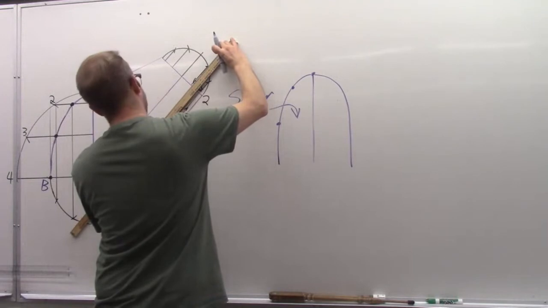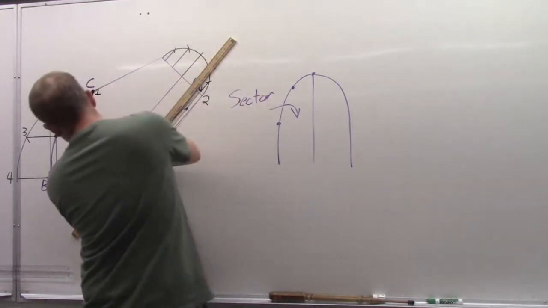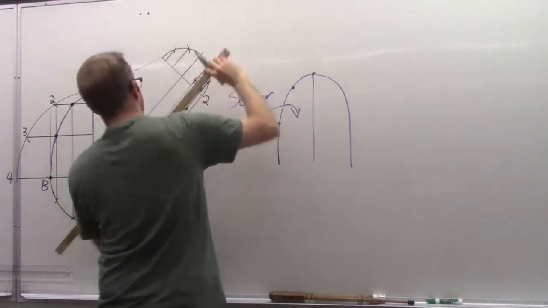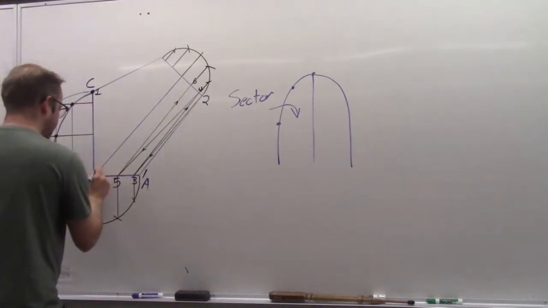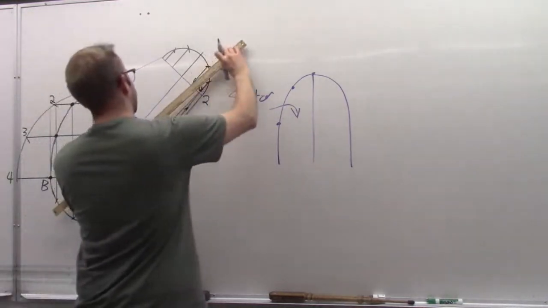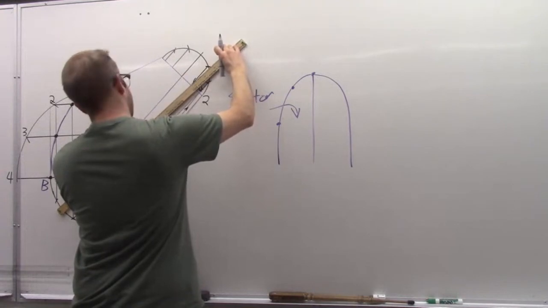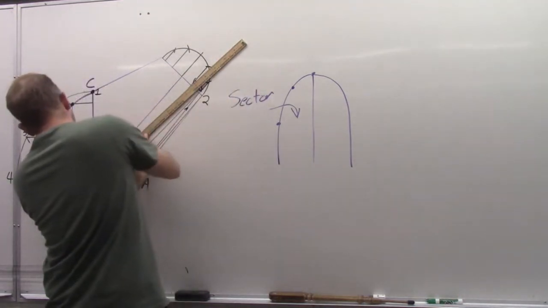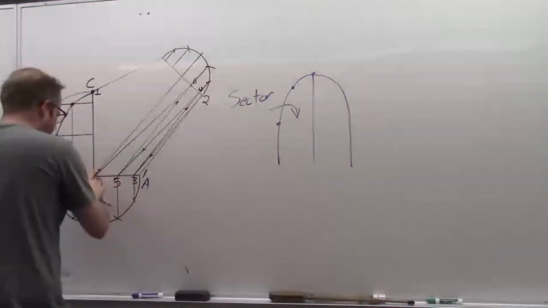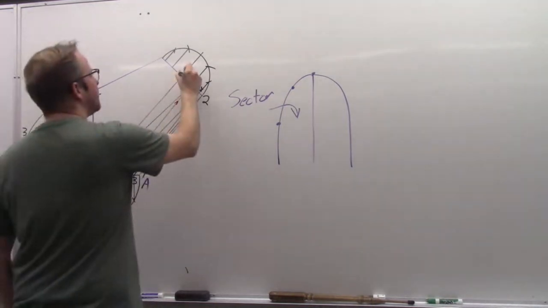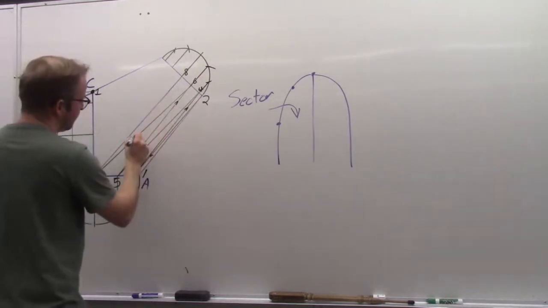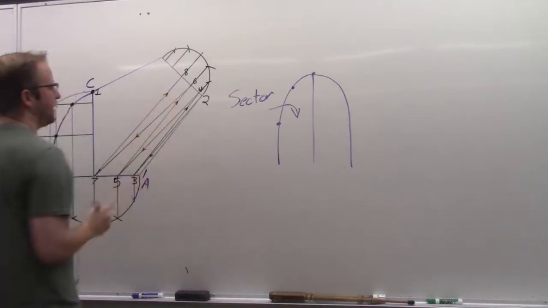Five to 6. 6 to 7, and 8. 6 down to 7, 7 up to 8.